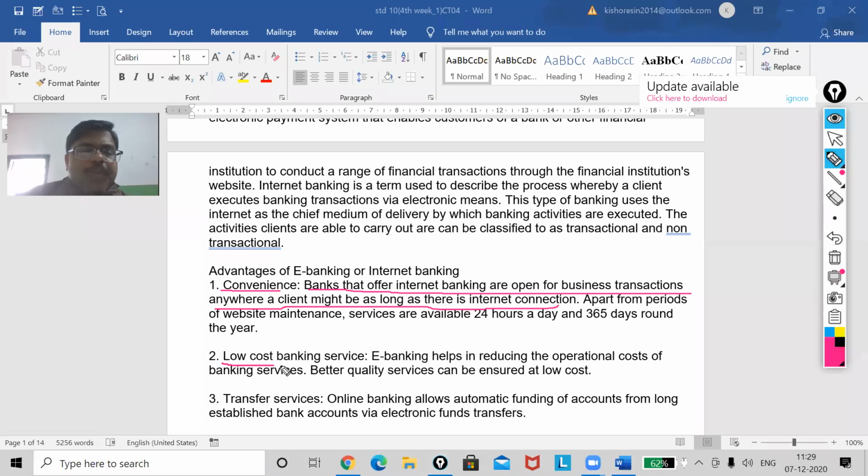Now, low cost banking service. E-banking helps in reducing the operational cost of banking services. Better quality services can be ensured at lower cost. Obviously, my dear, the banks are not taking high charges from the customers. Whatever facilities they are giving you at a lower cost, the person who is enjoying the benefit of net banking gets help not only from one topic but from more.